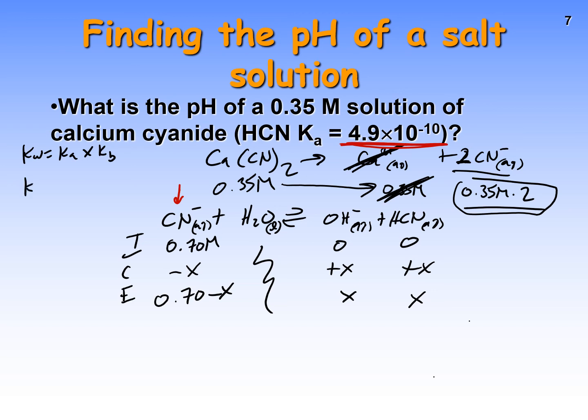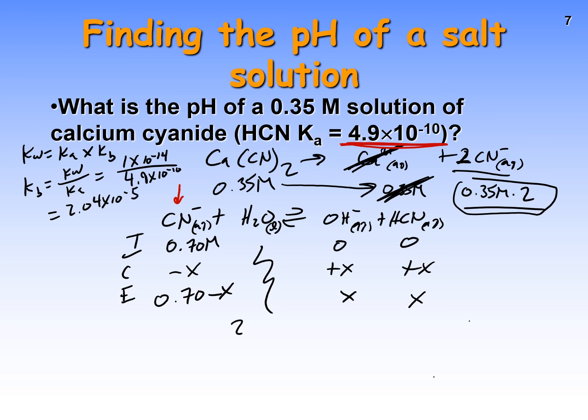So Kb is equal to Kw over Ka, or in other words, 1 times 10 to the negative 14 all over 4.9 times 10 to the negative 10, which in this case is equal to 2.04 times 10 to the negative 4, I believe. Sorry, nope, 10 to the negative 5.